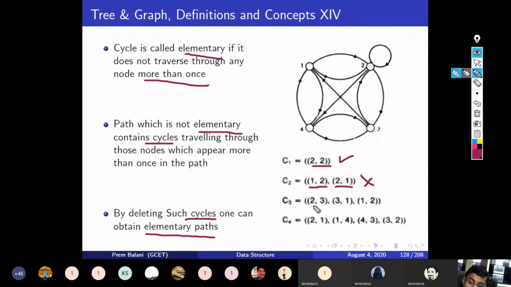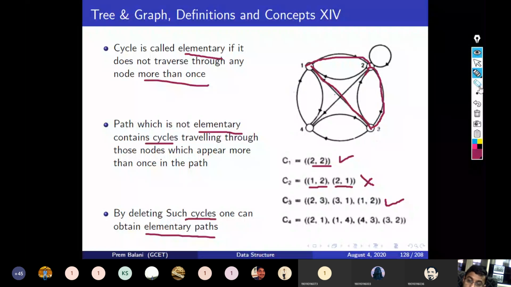Next cycle is 2 to 3, 3 to 1, and 1 to 2. So this is an elementary cycle because it is not visiting any node more than once, right?